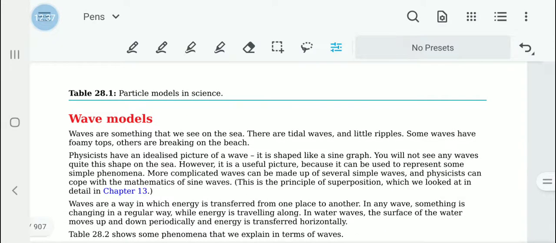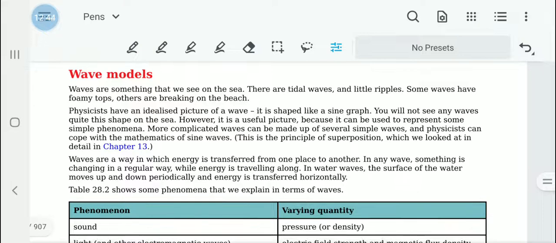Then write down wave model. When some characteristic is explained using the transfer of energy through waves, the wave model is taken into consideration.